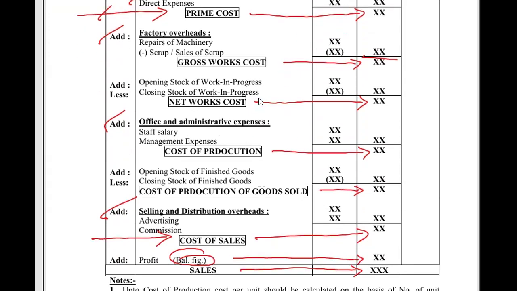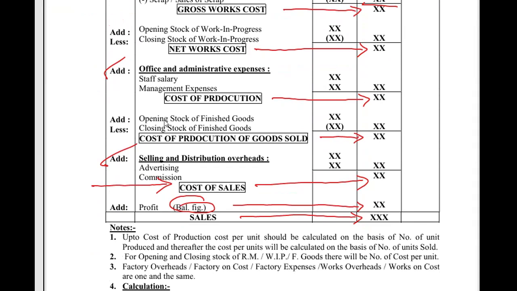To net work cost, we'll add office and administration overheads, and the amount will be cost of production. In that, we'll add opening stock of finished goods and deduct the closing stock of finished goods. Adding the selling and distribution overheads, we'll get the total cost, or we can also say cost of sales. Adding the profit, we'll get the sales. So this was a small video on one of the questions of the cost sheet.